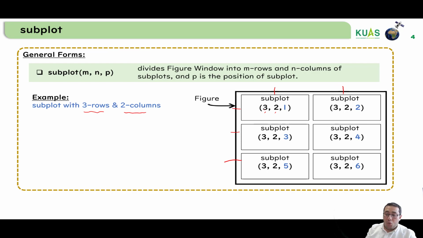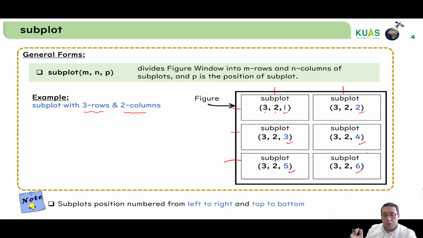We have positions 1, 2, 3, 4, 5, 6. The notes say that the position of a subplot is counting from left to right and then top to bottom.